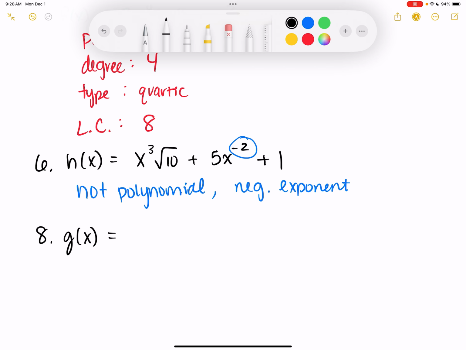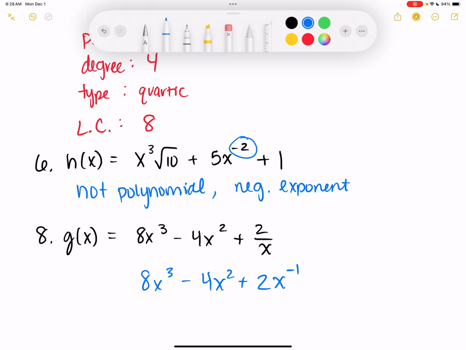Oh, yeah. All right. G of x equals 8x cubed minus 4x squared plus 2 over x. Why? Yep, I can't have a variable in the denominator because what this really would be is 8x cubed minus 4x squared plus 2x to the negative 1.